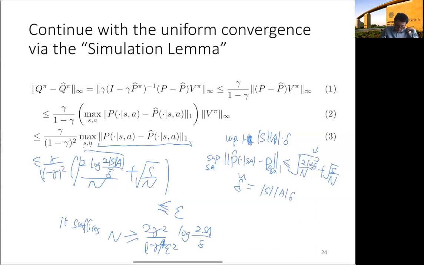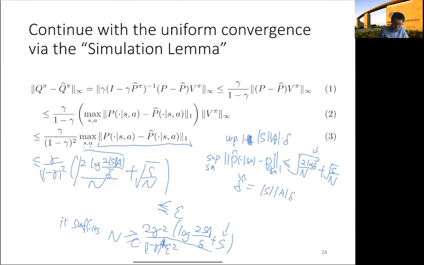It suffices for n to be larger than this quantity. Yeah, there's also plus, yes, with some numerical constant that multiplies in front of it. So is this good? Not really, right? Because it depends on S. It depends linearly on S.